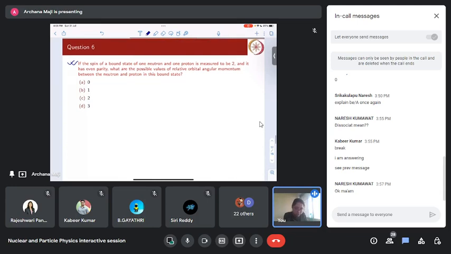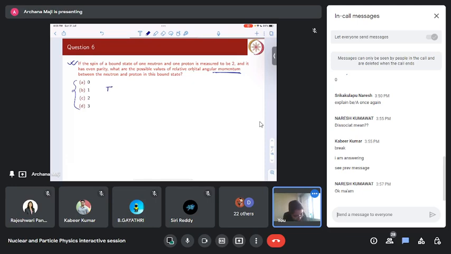In the deuteron problem, the spin of the bound state was measured to be 1, but here we are given that the bound state is no longer deuteron, because for deuteron the spin is 1, but here it is given to be 2. For this particular bound state, we have to answer among these values which are the possible values of the relative angular momentum between neutron and proton.